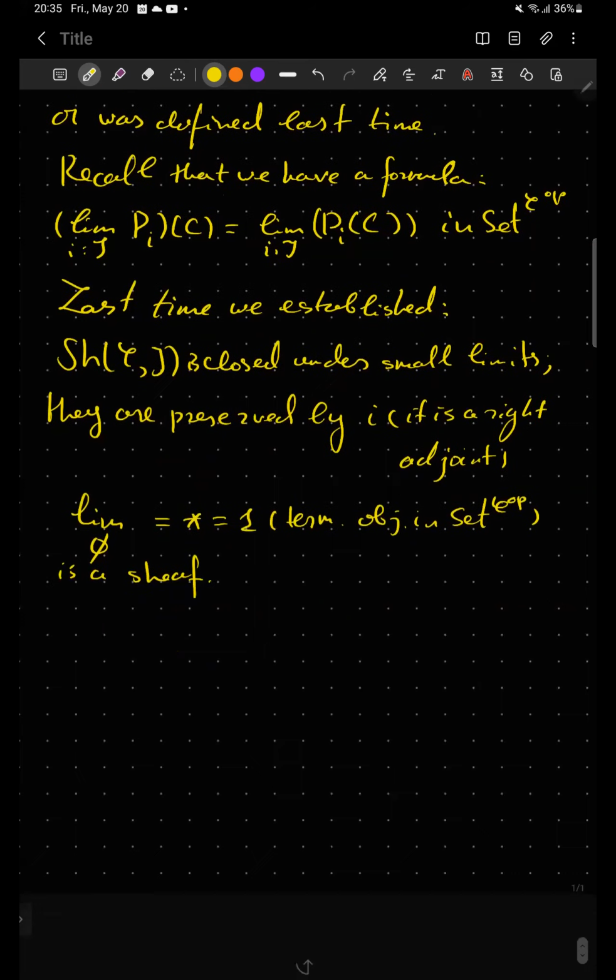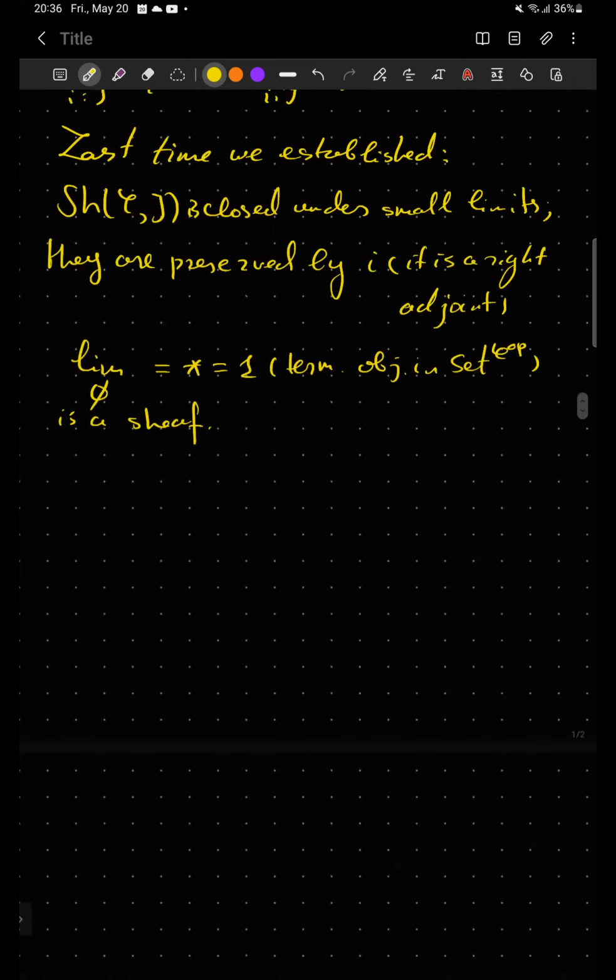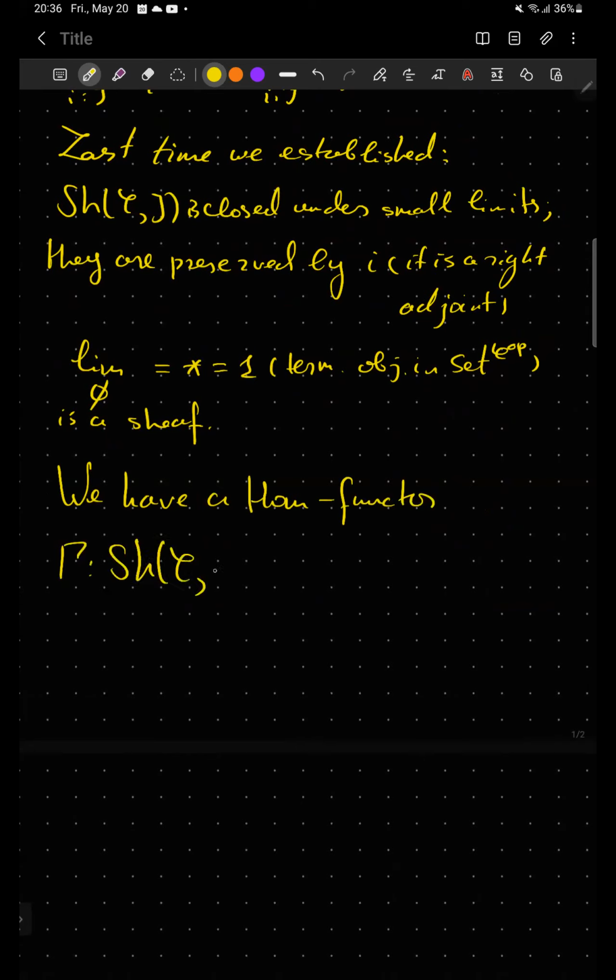So we have a hom functor, which is co-represented by this object, and it is denoted like this, so it is a functor of global sections.